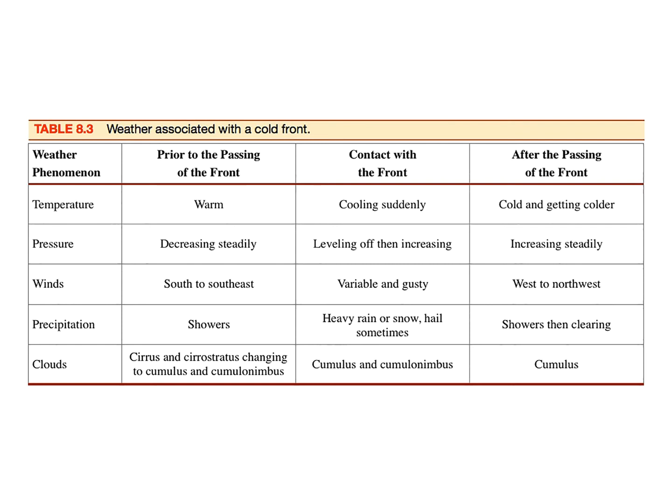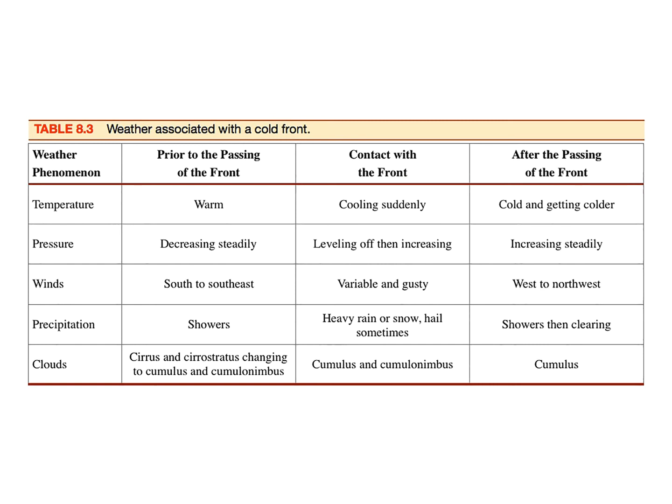So here's some of the weather associated with the cold front. In terms of temperature, prior to the passing of the front, the location would be warm. Then it would cool suddenly, and then when the front passes, it would get cold and continue to get colder. Pressure prior to the front is decreasing steadily.